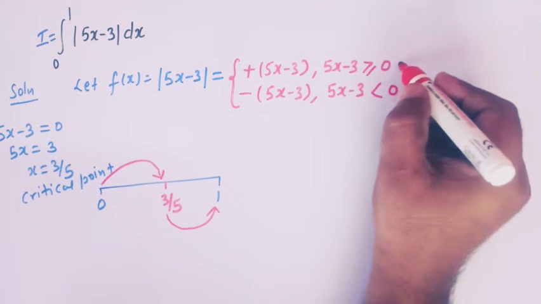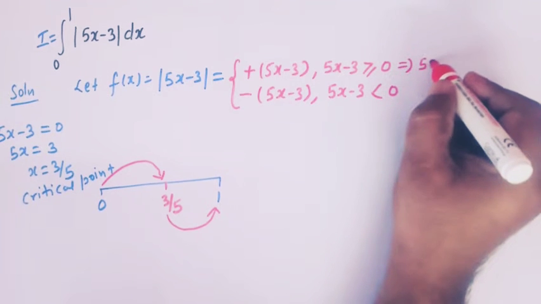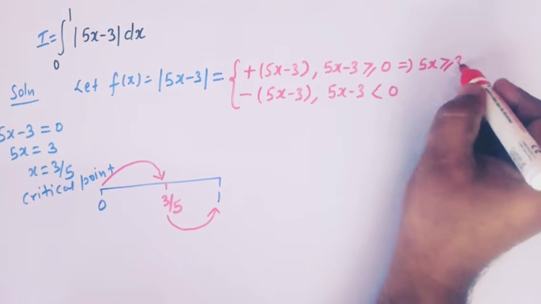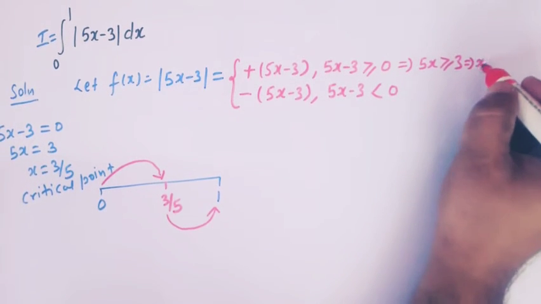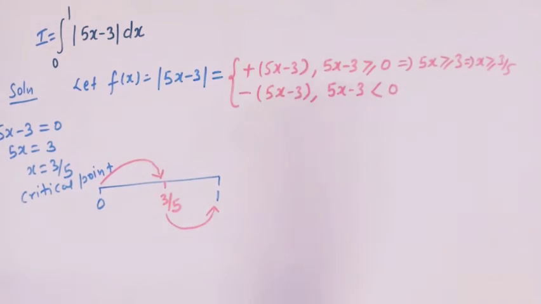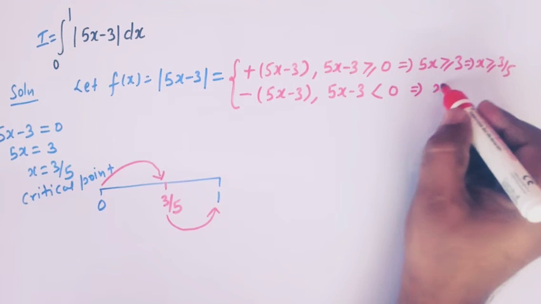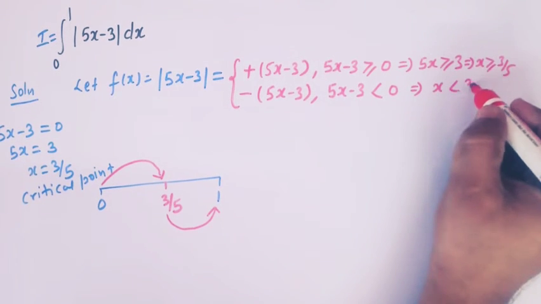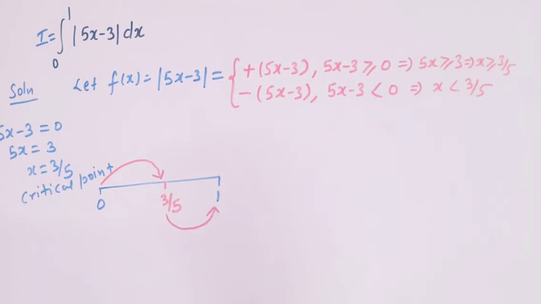Okay, so here we have 5x is greater than or equal to 3, that is x is greater than or equal to 3 over 5, right? And here we have x less than 3 over 5, right?